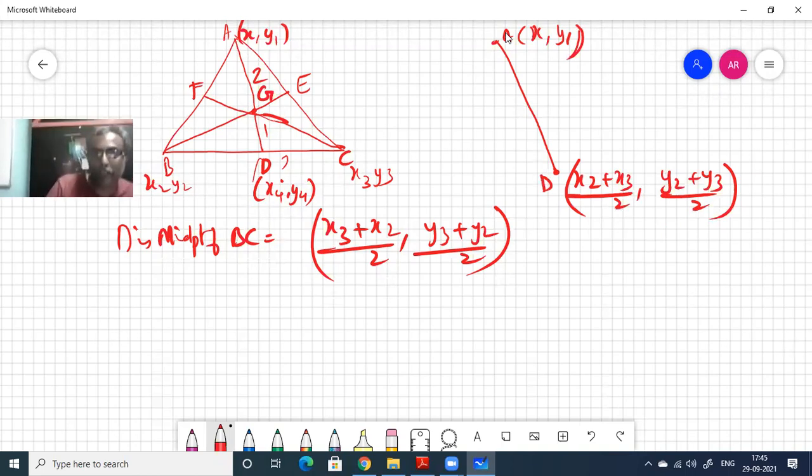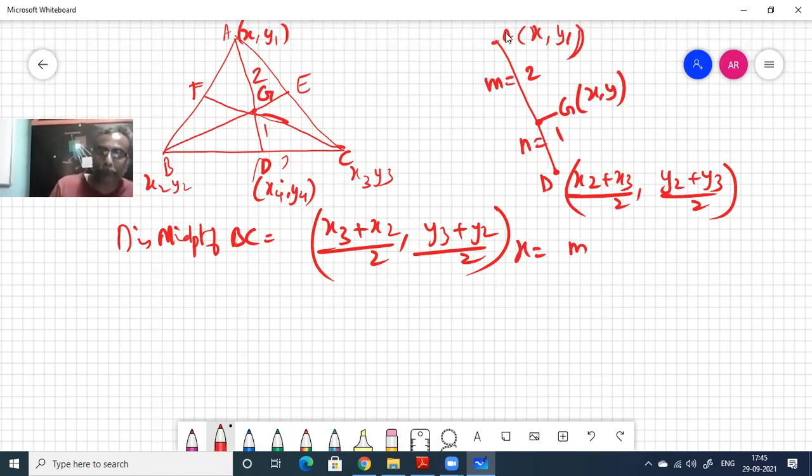Now the centroid divides in the ratio of 2:1. You have to find the point centroid G, X, comma, Y. Okay. X is equal to what? M into, M is 2 here. So this is M equal to 2, N equal to 1. Okay.